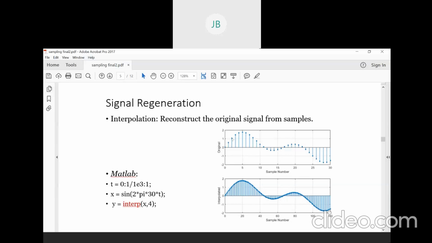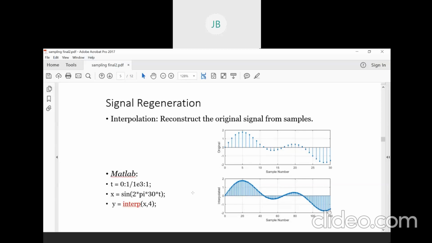The first graph has some samples, but they are very far apart compared to the second one. In the second case, the samples are very close to each other, right? So that's the way of performing the interpolation. By performing the interpolation, we get an estimate of the original signal that we actually sampled.